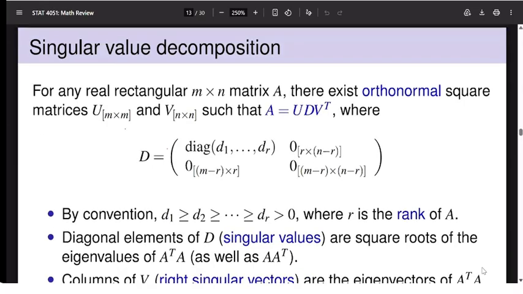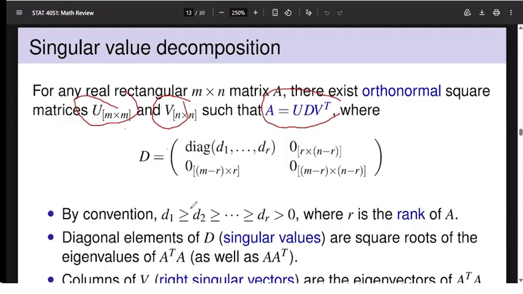There's something that we call singular value decomposition, okay? We are still decomposing a matrix. When you are using the singular value decomposition, you have a matrix A and you are splitting that into U, D, V transpose. Now, I said here, there is an orthonormal square U. U is n by m and V is n by n.